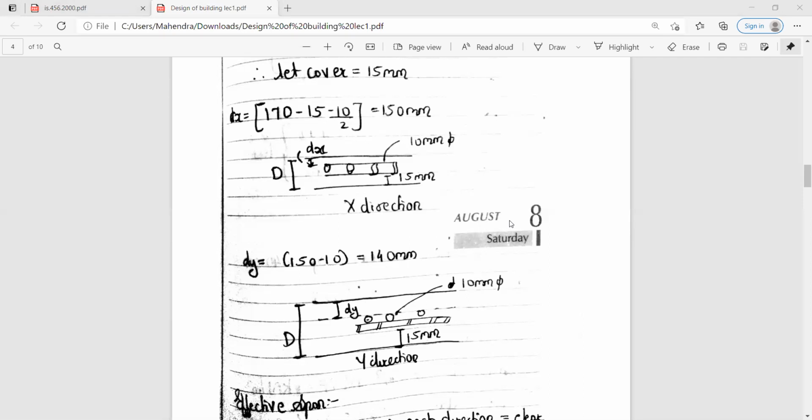You have provided a cover of 15, and the diameter of the bar you have taken as 10 mm. You can take a minimum of 10 to 12 for the diameter of the bar. And as the mild steel is given to you, that's why you have taken the cover as 20. 20 minus 5, that is 15. Already we have seen this from the IS code, that is from table number 16.